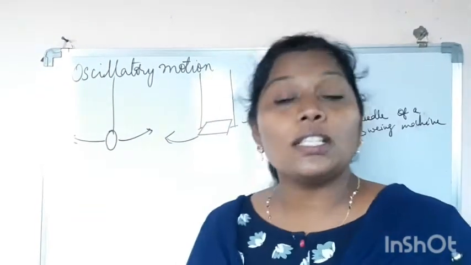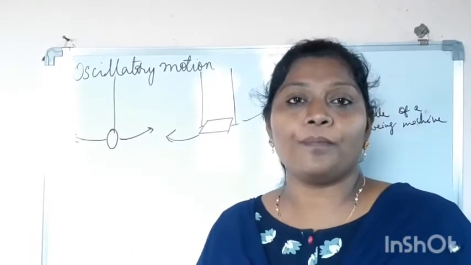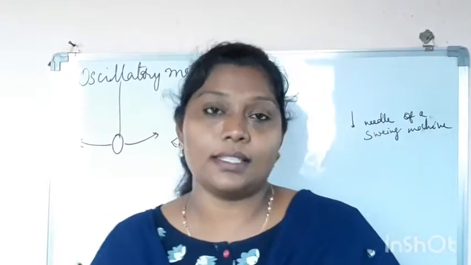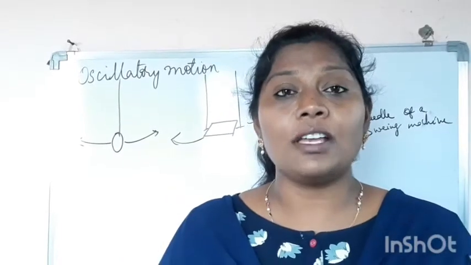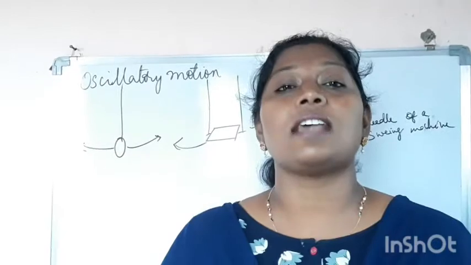O-S-C-I-L-L-A-T-O-R-Y, oscillatory motion. So what is this oscillatory motion? The oscillatory motion is having a hip hop movement. So children, how they will go? Here the movements are having front and back movement or up and down movement.